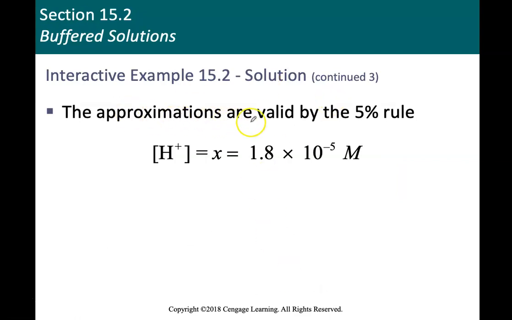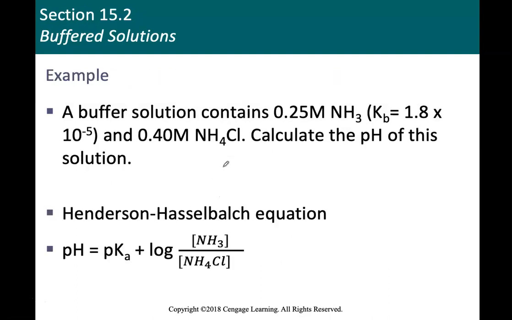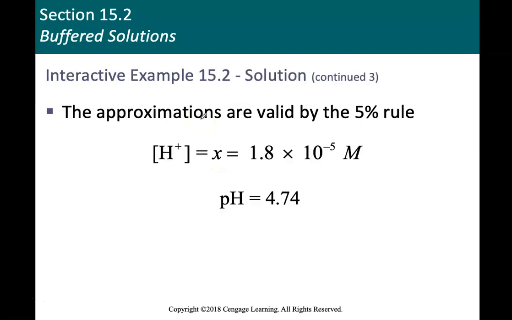The approximation is valid by the 5% rule. X is equal to 1.8 times 10 to the power minus 5, and therefore the pH is 4.74. So that is the pH of a buffer solution.